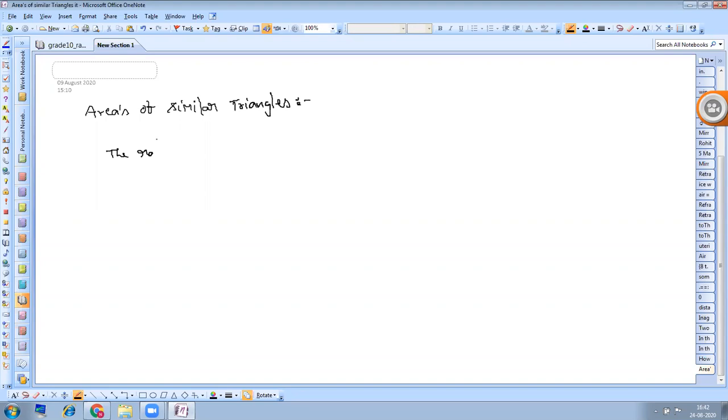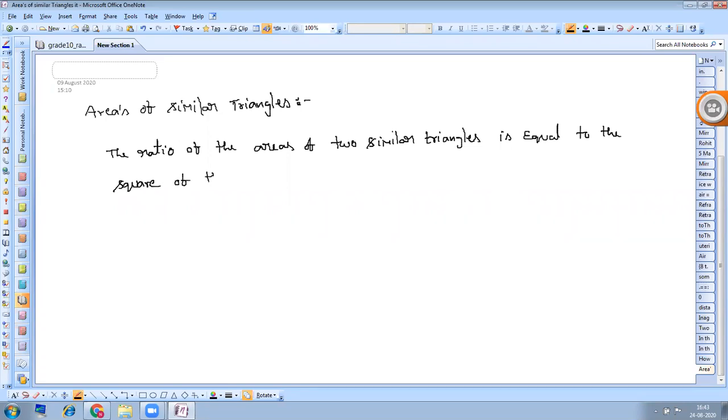The ratio of the areas of two similar triangles is equal to the square of the ratios of their corresponding sides.